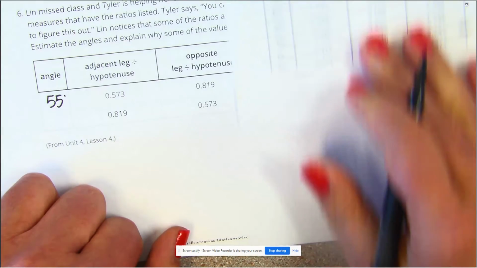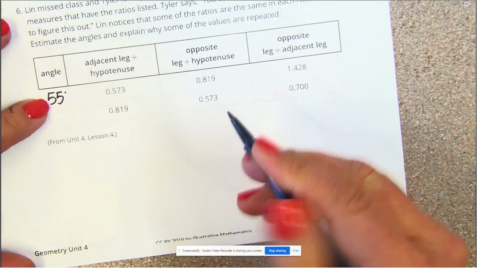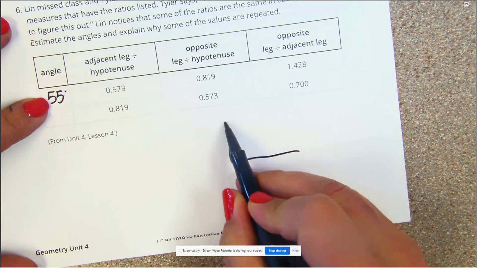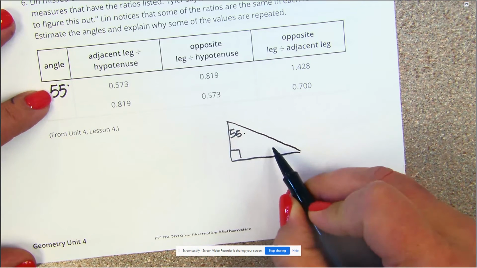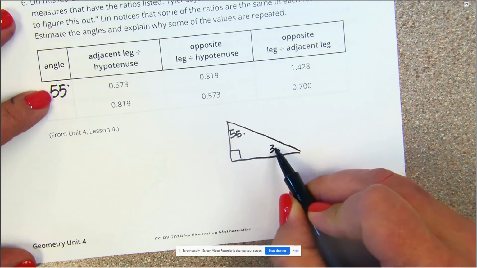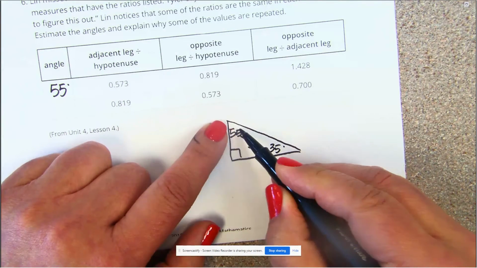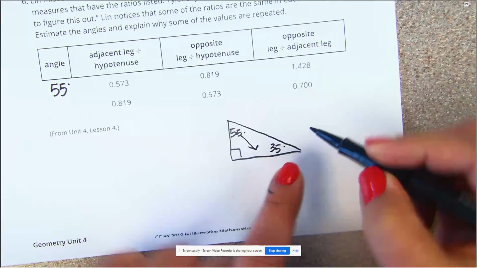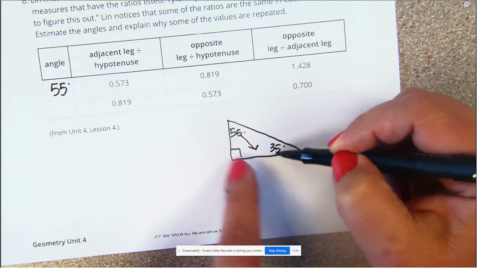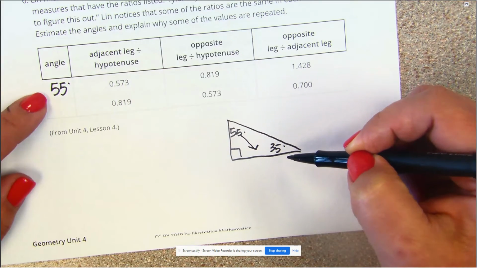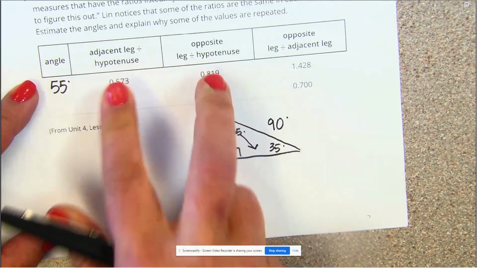Now, remember, if I was on a triangle and it had an angle of 55, draw a quick picture, the other angle is going to be 35, right? And when I use this angle, the opposite side, right? But if I go over to this angle, that opposite side became my adjacent side. So anytime you're in a table, two angles that are complementary, meaning they add up to 90, these values are just switched.